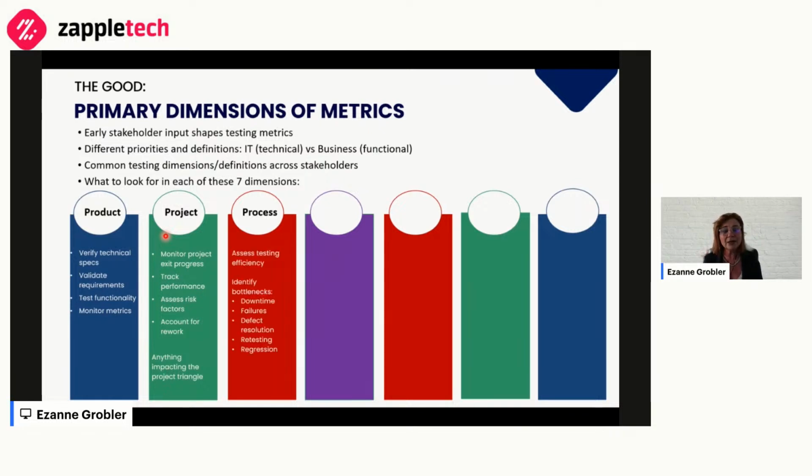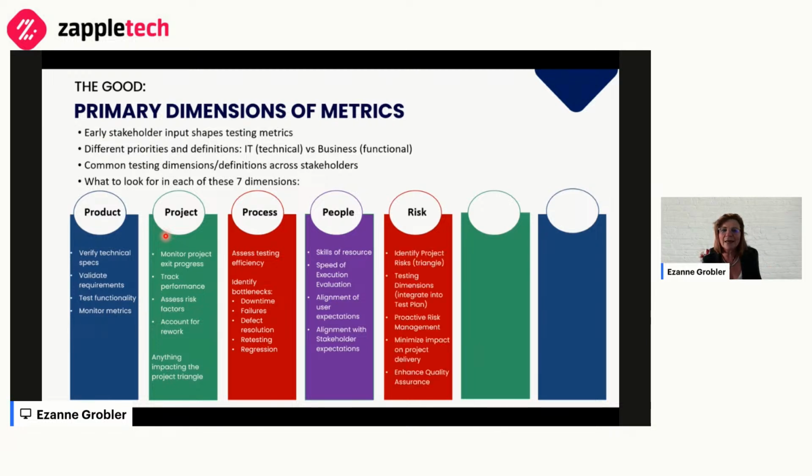Process: assess the testing efficiency, identify the bottlenecks in terms of environment downtimes, failures, defect resolution, retesting, regression, as I've alluded to, the lessons learned from our two case studies. People: definitely skills of your resources, the speed of execution, the velocity in terms of that, alignment to the user expectations, as well as your stakeholders.